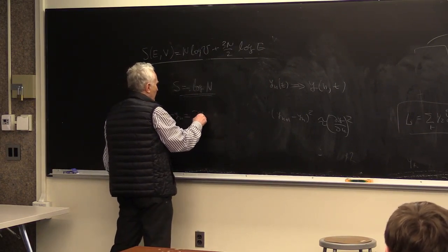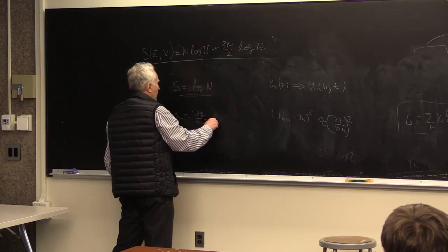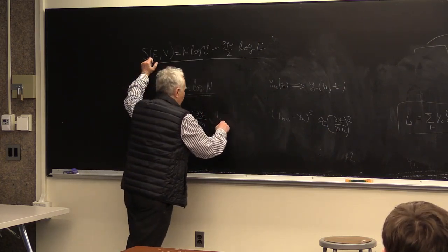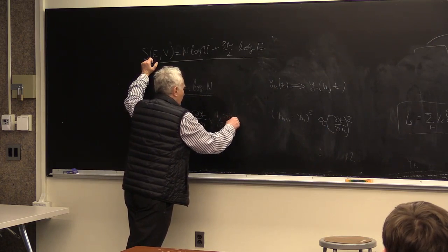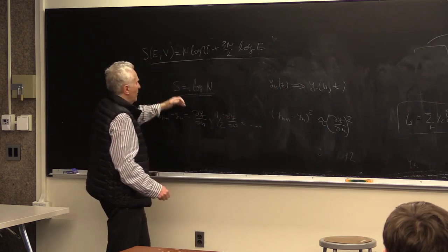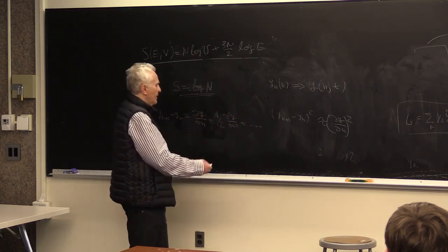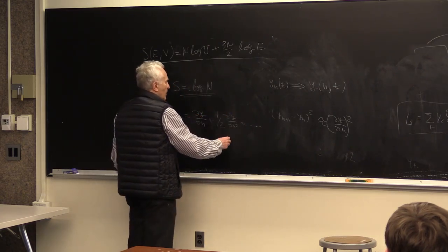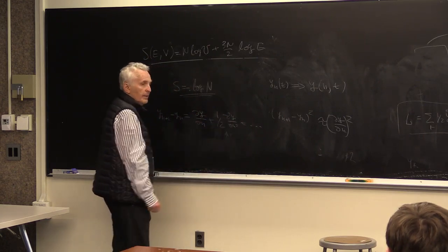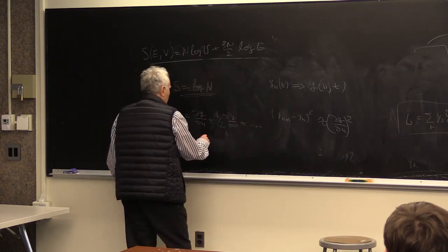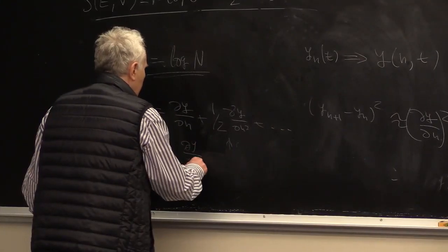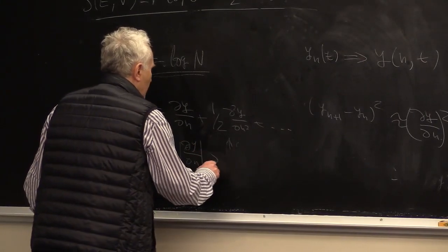We have dy/dn plus, if we keep expanding further, so one form of the condition is simply that this term is small, that this is much larger than this.